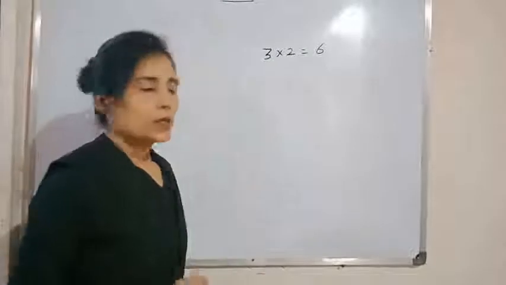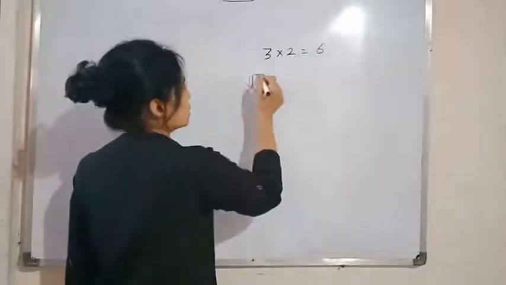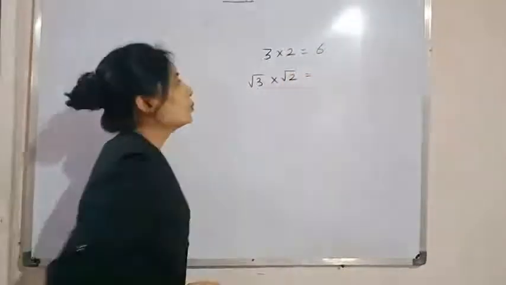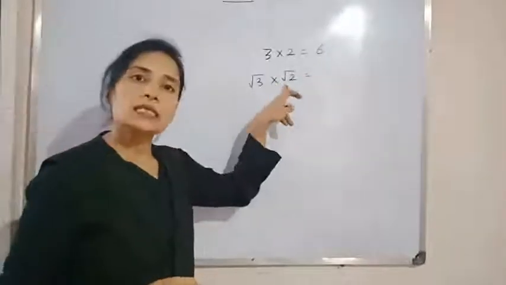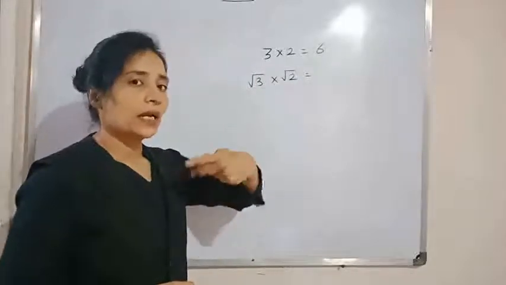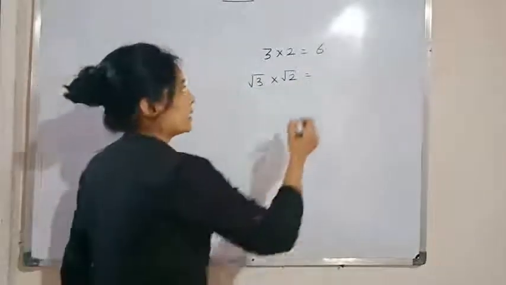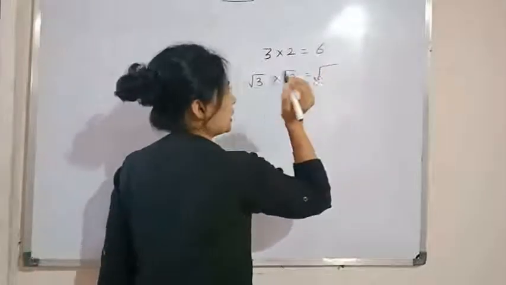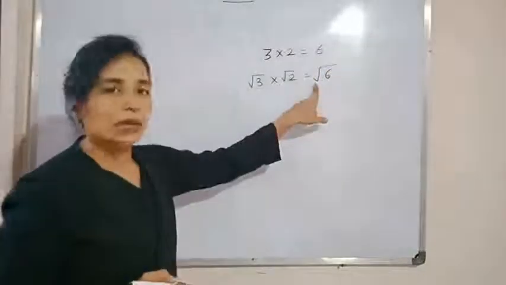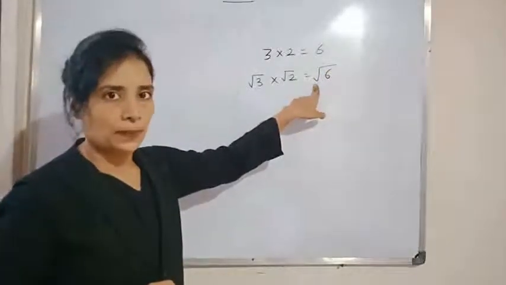Now, if this is root 3 into root 2, both the numbers are written inside the under root, so they will be multiplied, but on that multiplication there will be an under root. So 3 2s are 6 and that will be root 6.